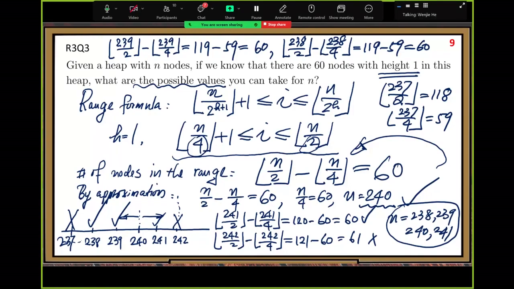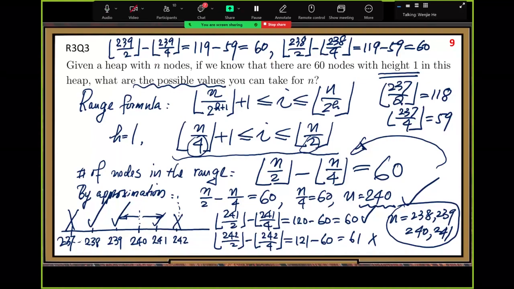Where did n over 2 go? You're doing subtraction, right? n over 2 minus n over 4 equals n over 4. 1/2 of n minus 1/4 of n, so you get 1/4 of n. So n equals 240.